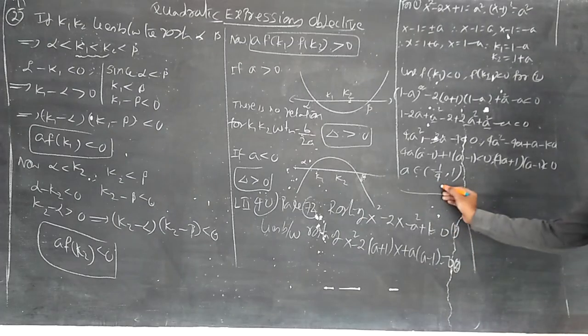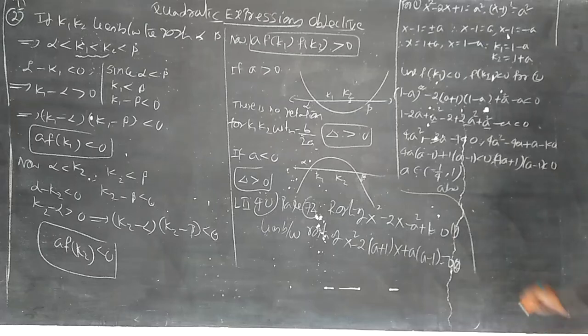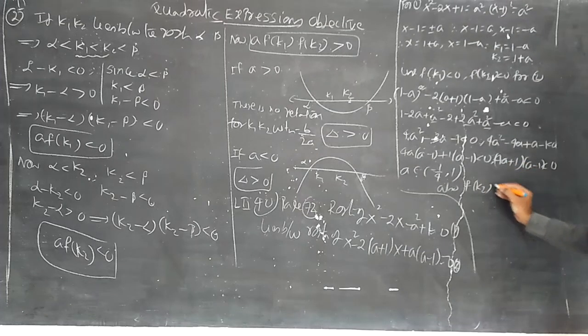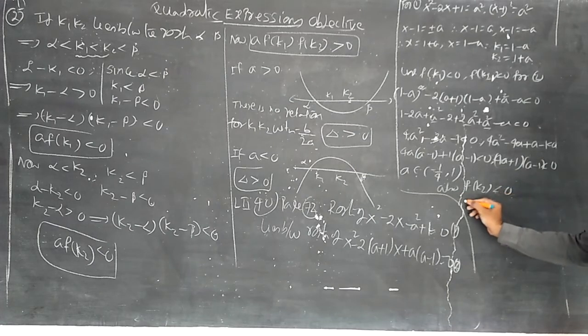And also you can write f of k2. What is k2? 1 plus a. F of k2 less than 0.